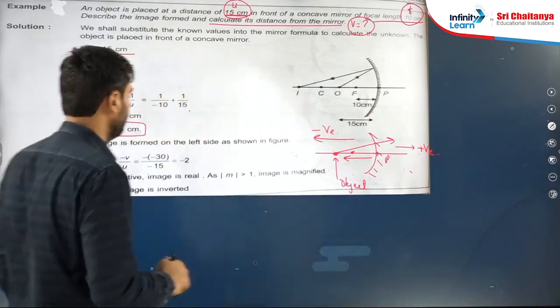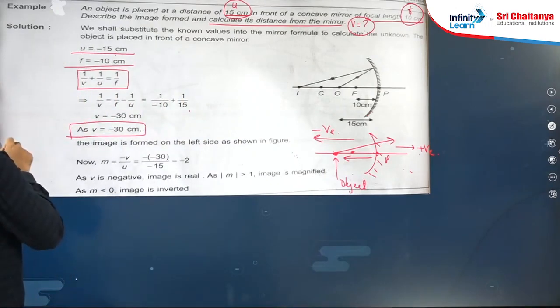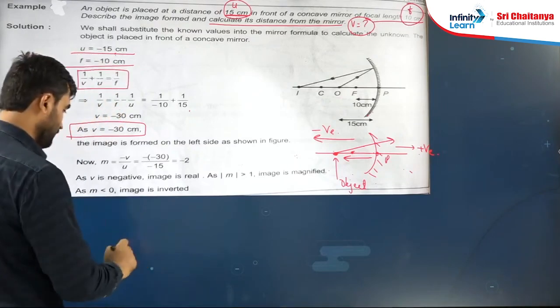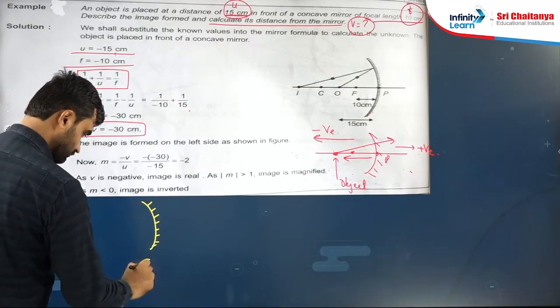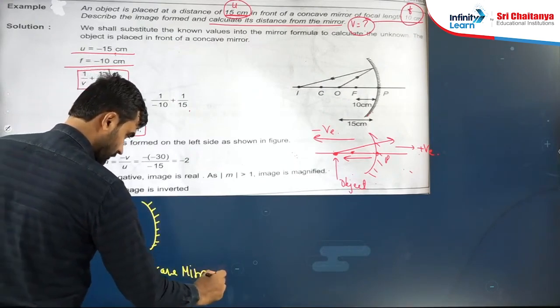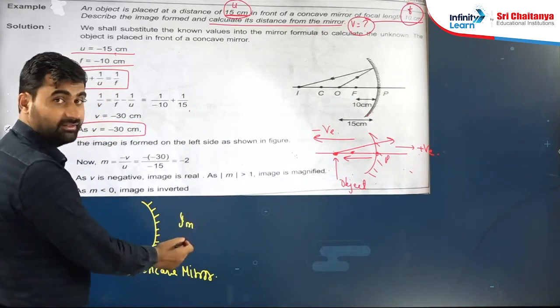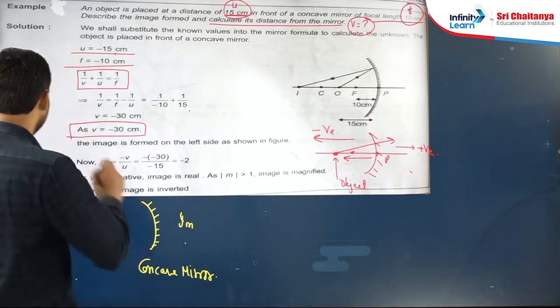You have to remember this important point, how to find whether it is a real or virtual image. This is a concave mirror. If the image is this side, it is virtual. If the image is this side, it is real.